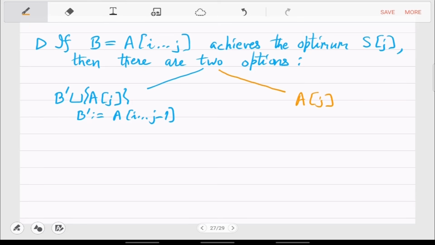When you were at j minus 1, this prefix i to j minus 1, call it P prime, achieves Sj minus 1.